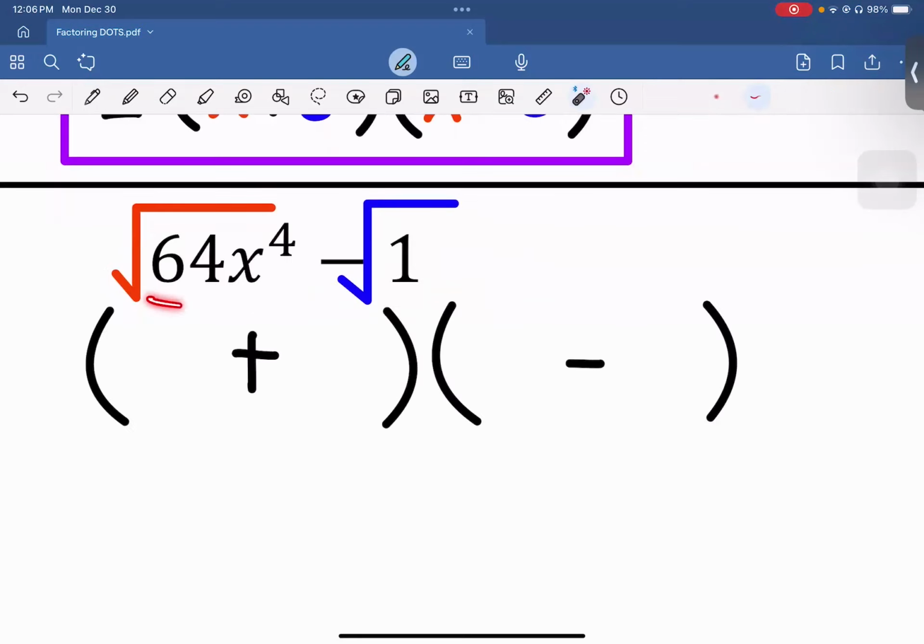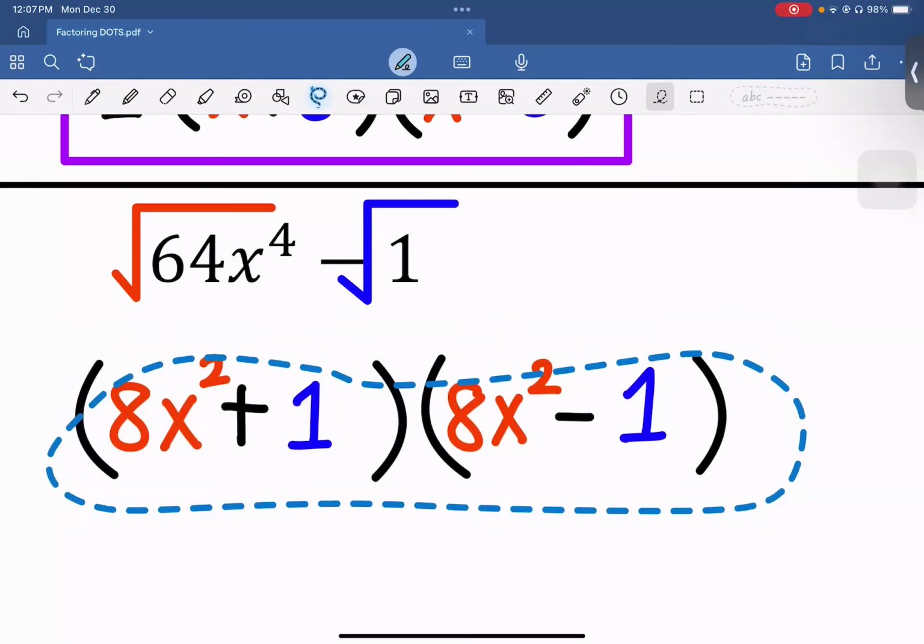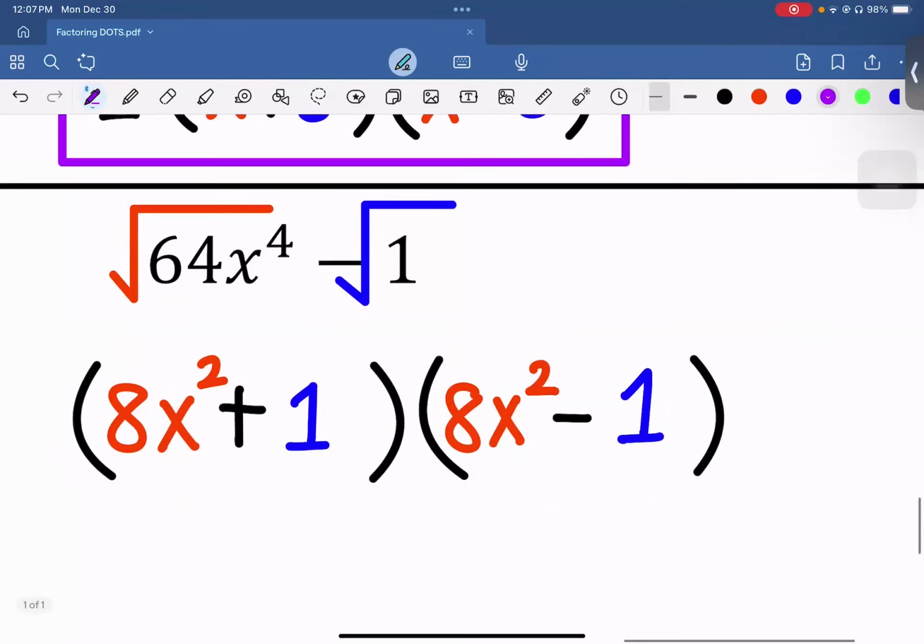I'm going to take the square root of 64x to the 4th power, which is going to be 8x squared. 8x squared goes here too. And then we have a 1 that goes here and a 1 that goes here. And boom, here's our answer. I'm actually going to move this down. Here is our answer.